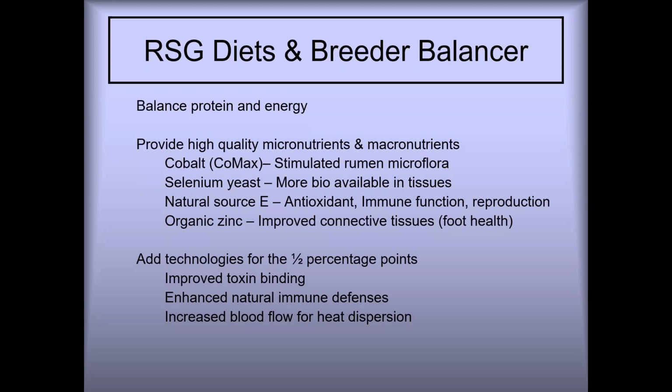Your source of E can affect absorption, and so can your type of selenium. All those things can be balanced with a lower cost ingredient, so there's more profit in it for the feed companies, but it's not benefiting your animals as well. So some of those key questions that have to be asked is, what are actually the ingredients within the manufacturing of the product?